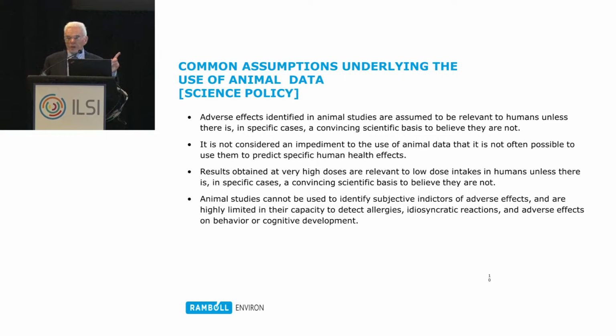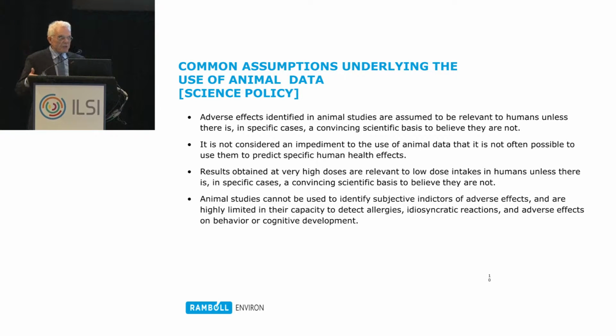These are some key ones from animal studies that I call science policy. I introduced these because I'm going to ask the question later, if we get into other categories of food substances, is it clear that these same science policy assumptions should hold? So adverse effects in animal studies are assumed to be relevant to humans unless we have, in specific cases, mechanistic data or something to say they're not.